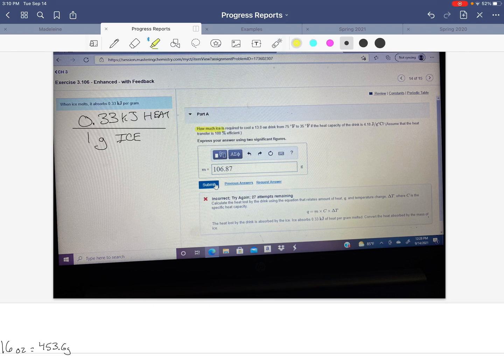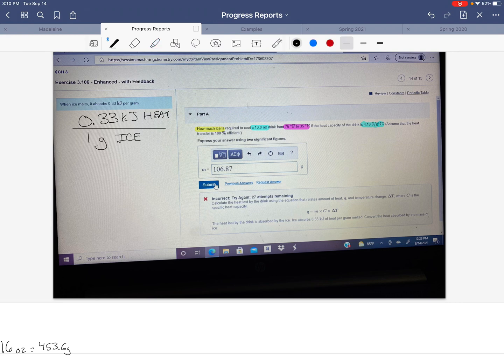Right there is your question. How much ice is required? 13 ounces of drink from 75 to 35 if the heat capacity is 4.184 joules per gram degree Celsius.